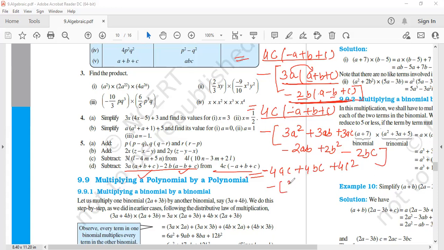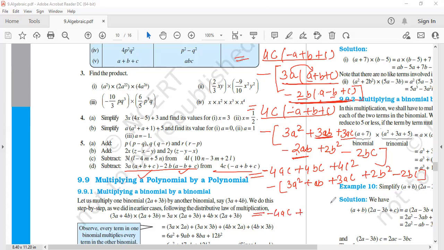But firstly, if anything is solvable, let us solve. So 3a square is simply one place, so 3a square. Now 3ab: both have opposite signs, so it will be subtracted. 3ab minus 2ab gives you ab only, and ac is there, not bc, so 3ac, and the rest will remain as it is, 2bc.